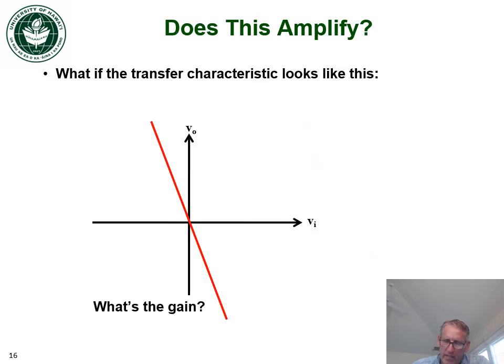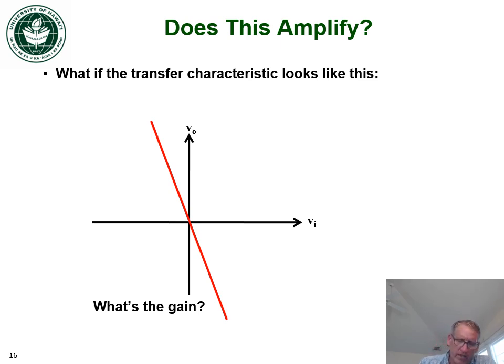Okay, and the last concept I want to go over in this lecture is another voltage transfer characteristic. And this time, the voltage transfer characteristic looks a little bit different. The question is, does an amplifier that has this voltage transfer characteristic actually amplify? Does it have gain?